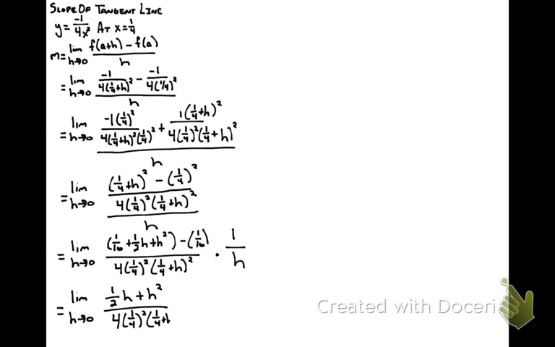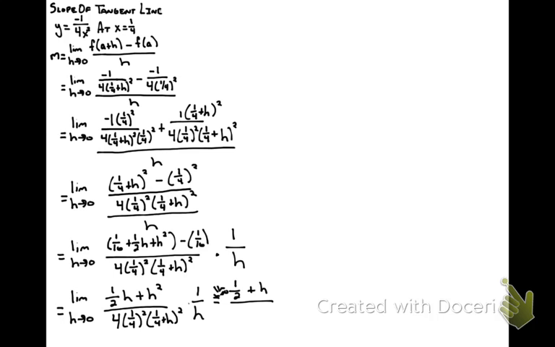And then I will be able to simplify this limit. So when the h's divide out, I'm left with 1/2 plus h. Oops, I forgot the limit. So this is still the limit as h goes to 0. Let me just erase that.